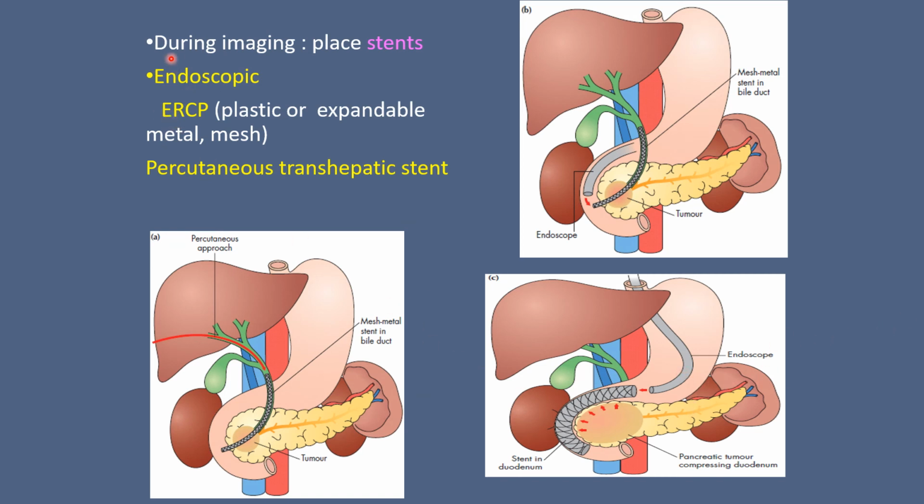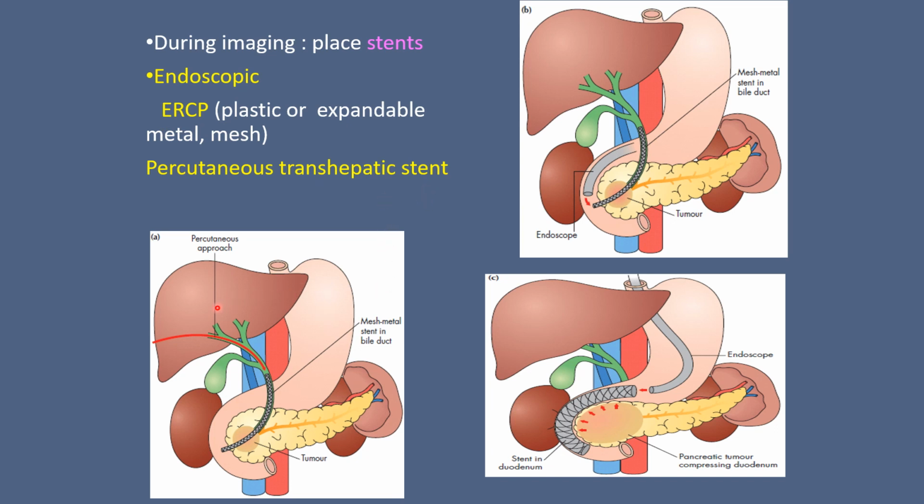Okay, if it is not done during the operation, then endoscopic procedures can be done. Endoscopic stents, doing an ERCP, plastic stents, or expandable metal or mesh stents can be placed either endoscopically or percutaneously.